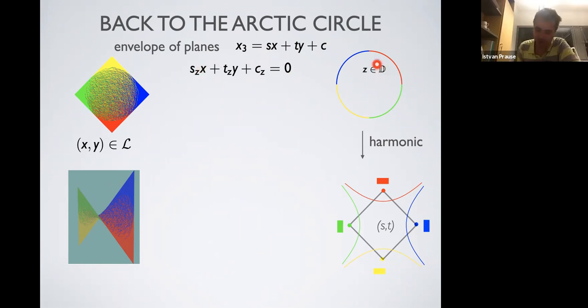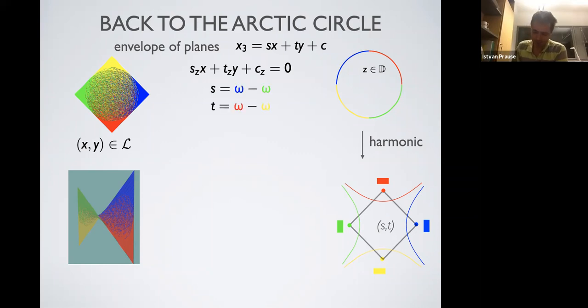In that case, it's convenient to normalize to have this Z variable in the unit disk, in which case the ST mapping becomes a harmonic mapping to this Newton polygon, collapsing these quarter arcs to the appropriate corners.